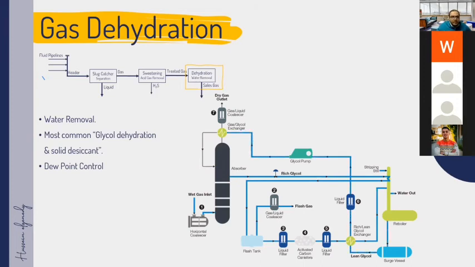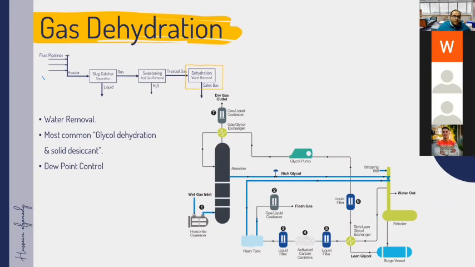The purpose of the dehydration process is to remove the water and for dew point control. As we know, the dew point of the gas differs based on the amount of water in the gas. When the amount of water decreases, the dew point of the gas decreases, which is very important, because the hydrate formation temperature is also based on the dew point and the water content of the gas.